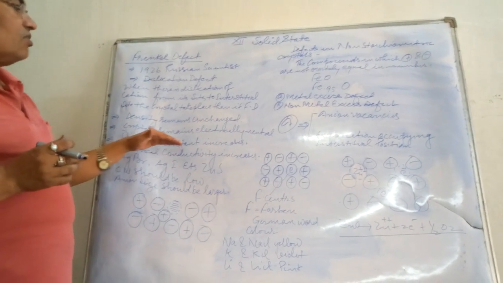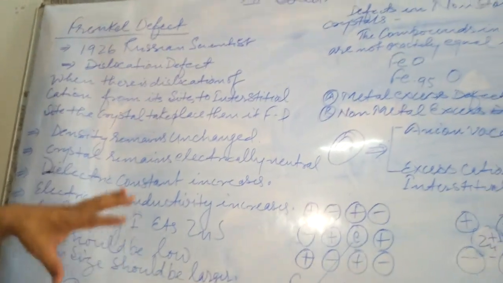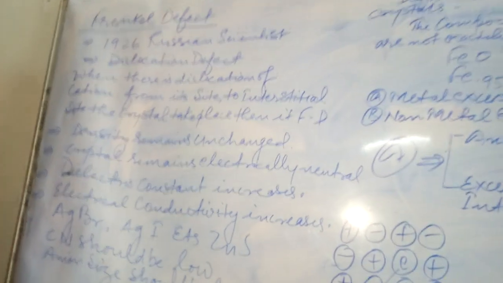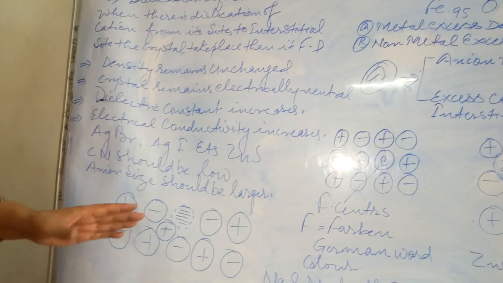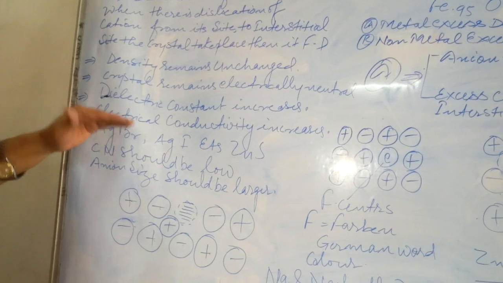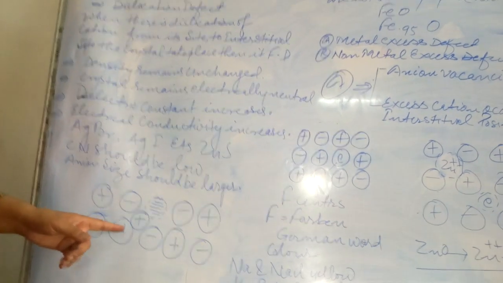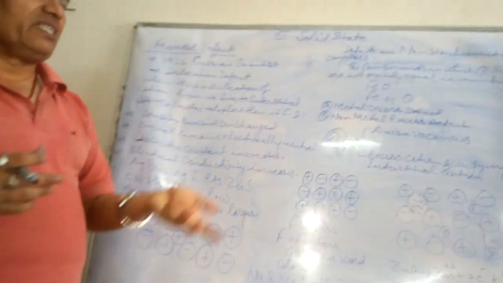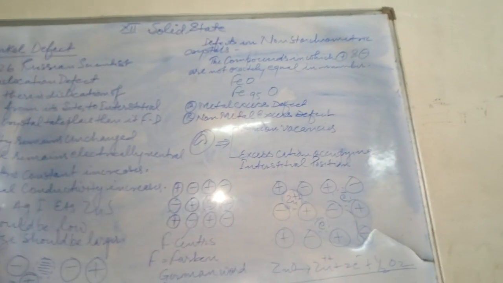And the dielectric constant increases, because a charge variation is observed: the cation is very close to another cation, so the overall repulsion energy will be high and the dielectric constant will be increased. But in Schottky defect, the dielectric constant remains constant because equal numbers of cations and anions were missing.